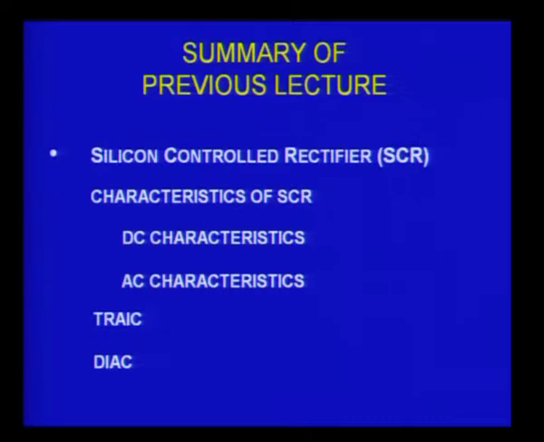We saw the characteristics of the SCR, how the SCR can be triggered by a gate pulse and how it can be used for power control both in the DC as well as in the AC mode. The DC and the AC characteristics were discussed, and at the end I also showed you a demonstration of how, in a simple scheme, the SCR can be used to control the intensity of a light lamp.